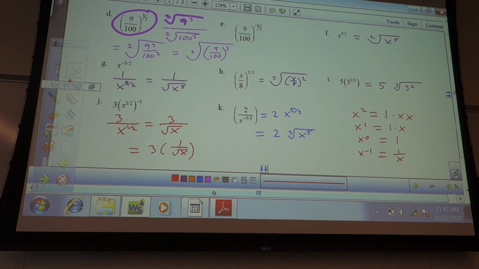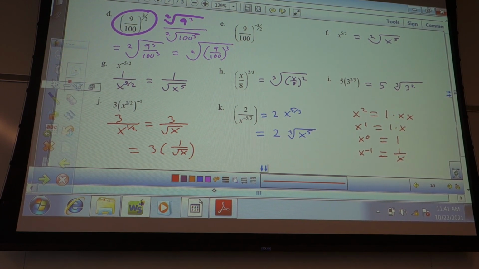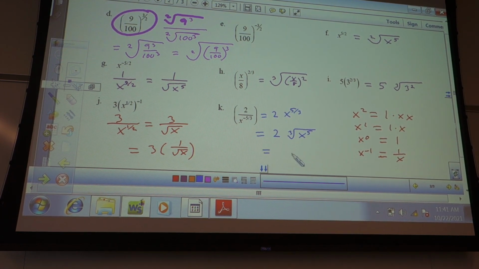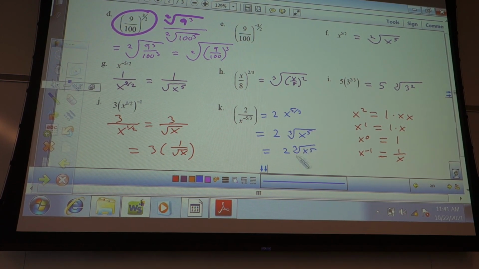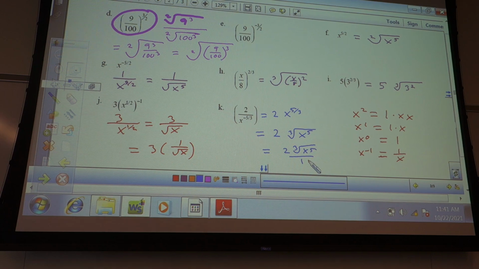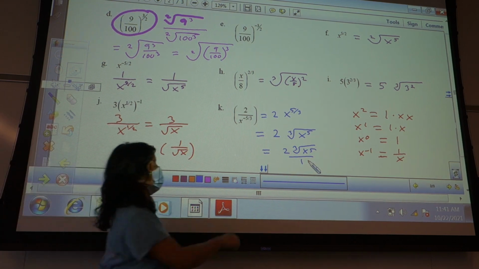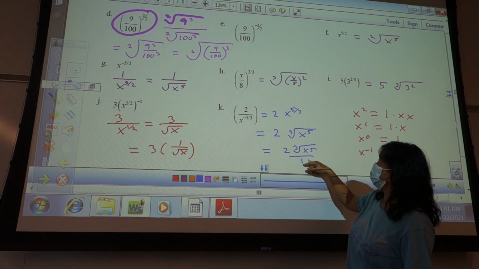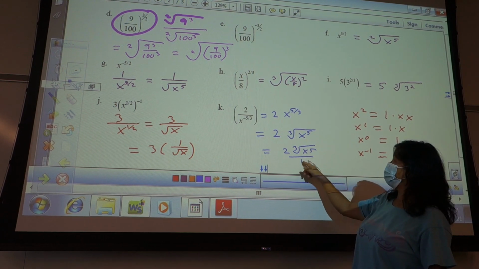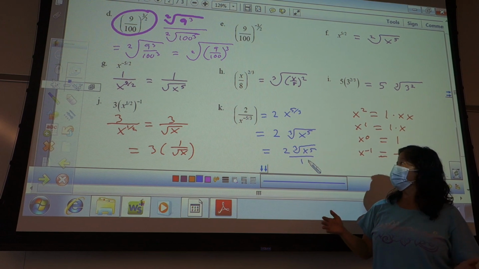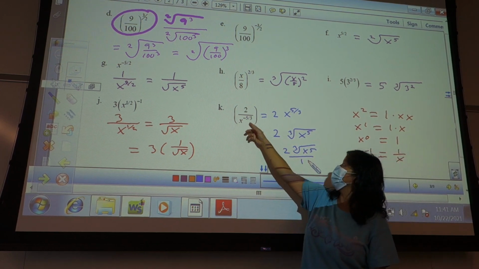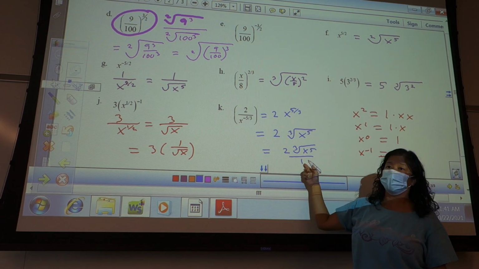They're the same thing. And this is the same thing as 2 times the root of x to the 5th over 1. Yeah, this came from a fraction, but since it's over 1, you just leave it alone. Once I move this to the top, there's nothing on the bottom, there's just a 1 on the bottom.